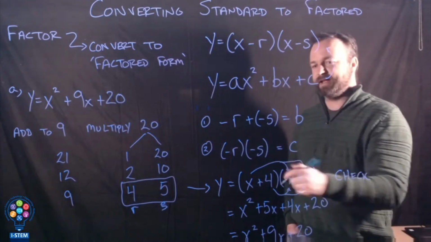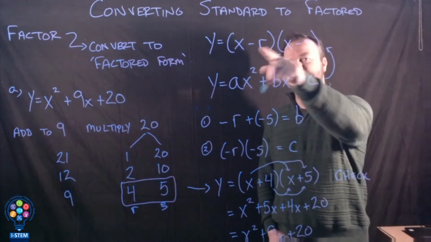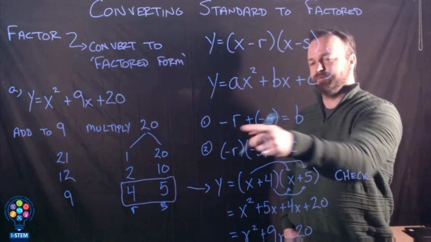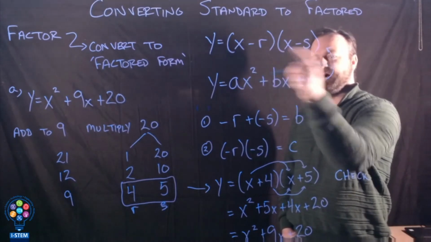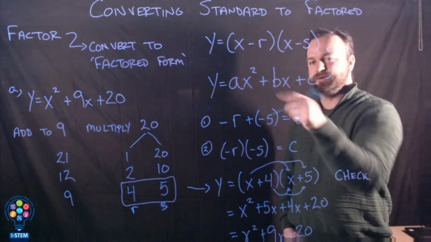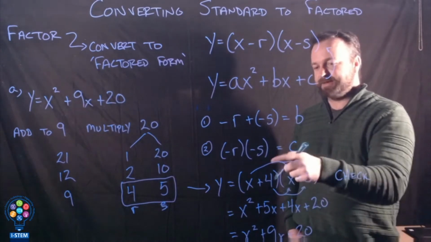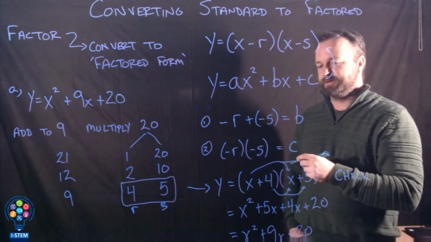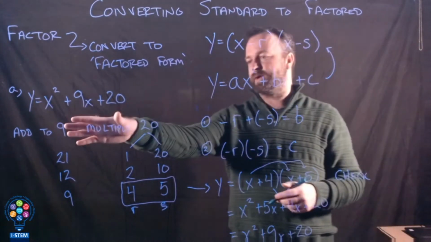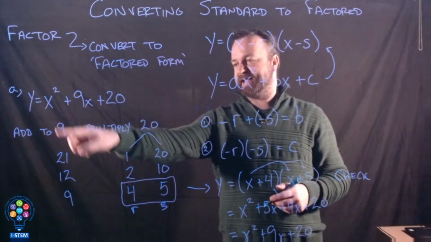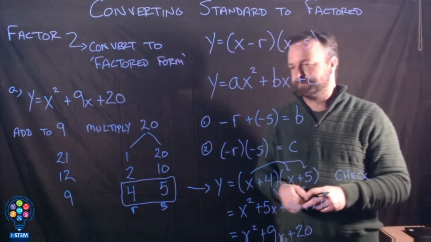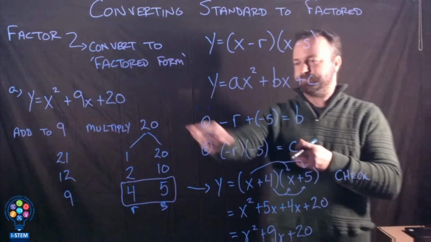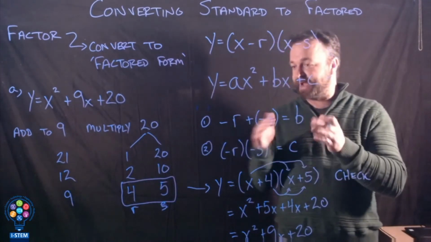So to talk through that again, we noticed as we expanded this equation, we ended up with a situation where the middle two numbers, our factored numbers, r and s, added together always equaled the b value. And r times s, whatever those numbers are, always equaled the c value. So going backwards, when I have a standard form equation, I'm looking for two numbers that add to 9 and multiply to 20. And so we might have known those numbers right off the bat, but I did some work with some of the factors of 20.